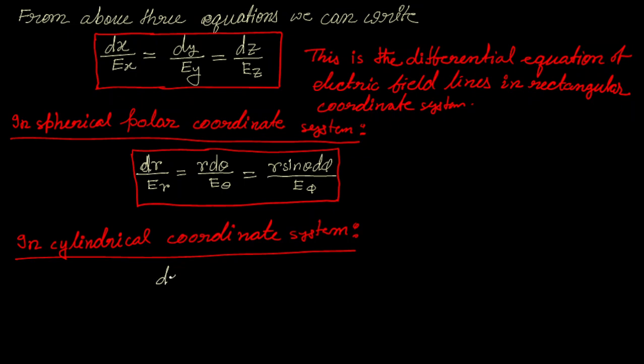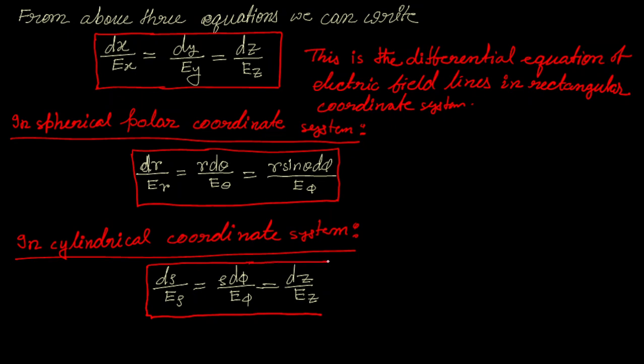The elemental length associated with rho is d rho divided by E rho, then the elemental length associated with phi is rho d phi divided by E phi, and the element associated with z is dz divided by Ez. This is the differential equation of electric field lines in cylindrical coordinate system.